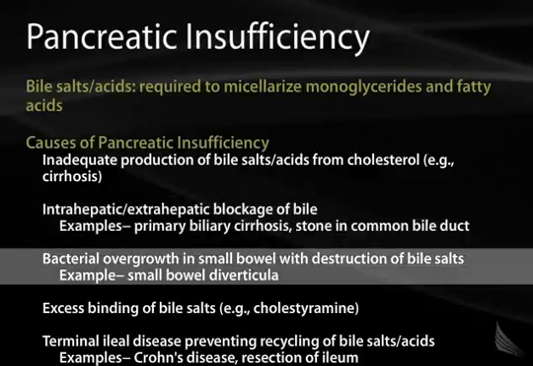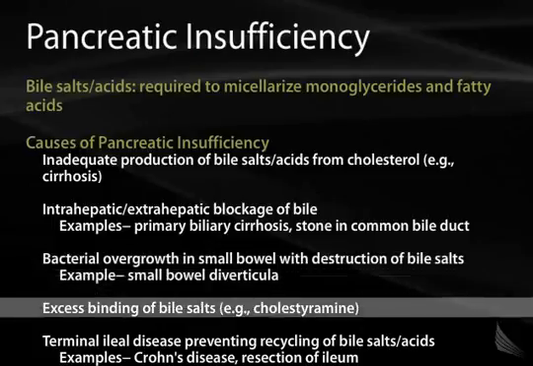Bacterial overgrowth in the small bowel can result in destruction of bile salts, and therefore micellarization cannot take place, and there's subsequently malabsorption. Drugs such as cholestyramine can cause excess binding of bile salts and prevent absorption.